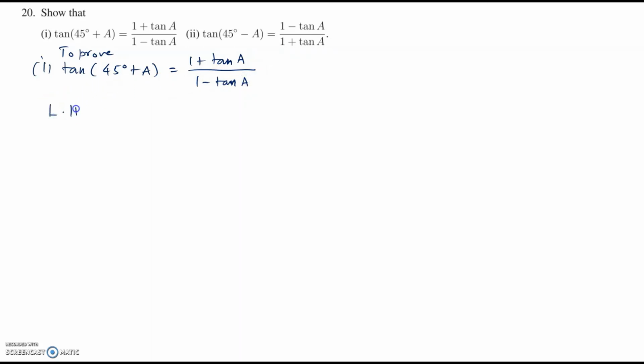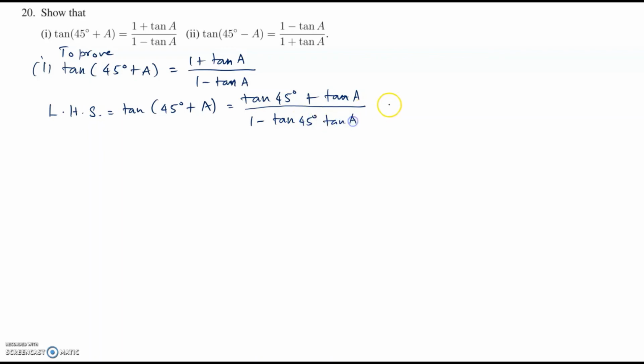So let's take the left hand side, which is equal to tan(45 degrees plus A). So applying the formula of tan(alpha plus beta), this becomes (tan 45 degrees plus tan A) divided by (1 minus tan 45 degrees into tan A).